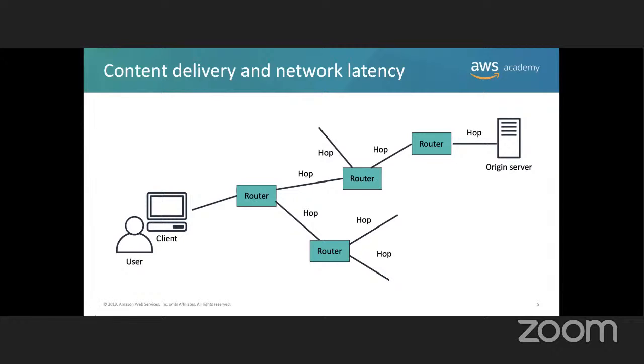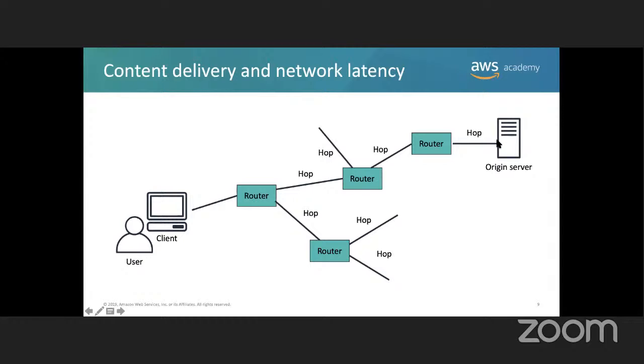And when you browse a website or stream a video, your request is routed through many different networks to reach an origin server. The origin server, also known as the origin, stores the original definitive version of the objects, web pages, images, and media files.